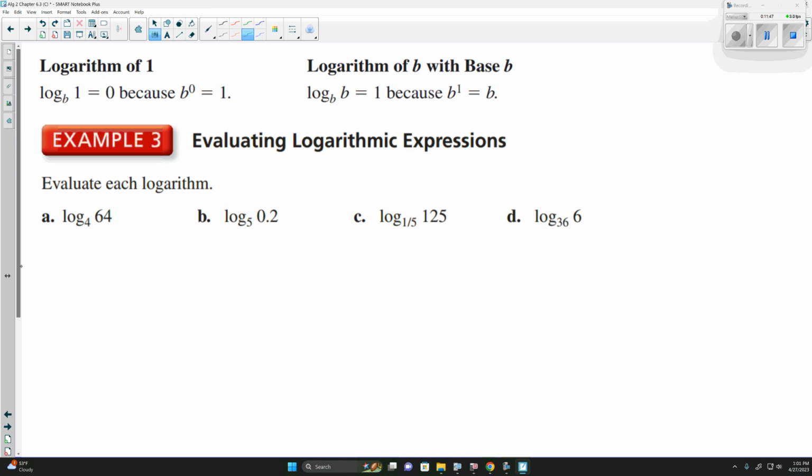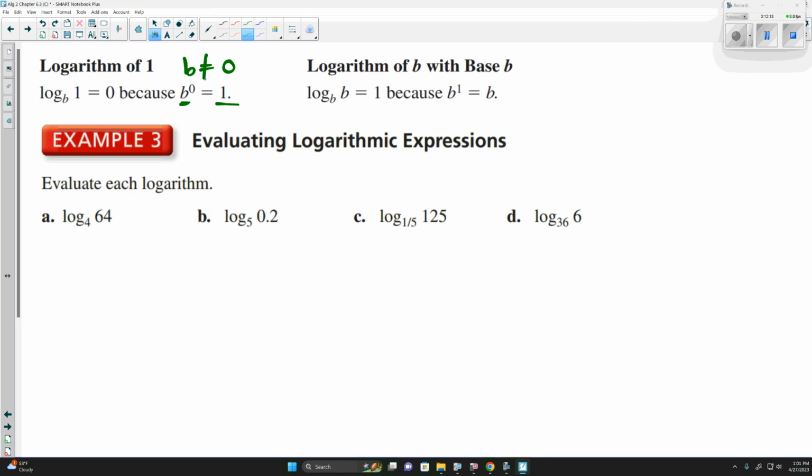Because if we rewrote it as an exponential, we're saying whatever the base is to the 0 equals 1. The base to the 0 power will always be 1, except if b is equal to 0. So b cannot be 0, because 0 to the 0 power is not 1.